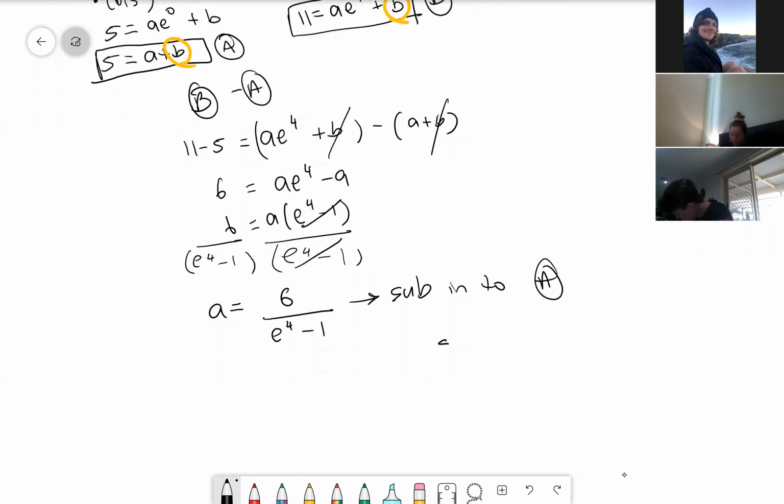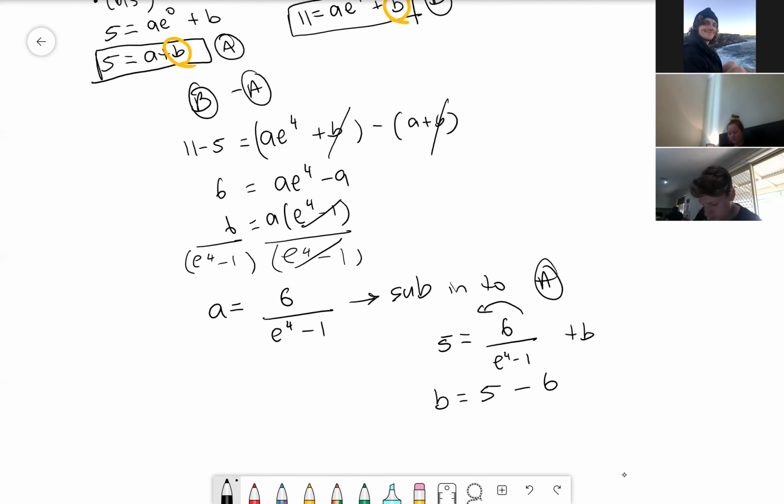So then we'll get 5 is equal to 6 over e to the 4 minus 1 plus b. And then you'll just take this over to the left-hand side. It barely is an answer. Doesn't even look like an answer. I know, it's gross, hey? So you get b is equal to 5 minus 6 over e to the 4 minus 1.